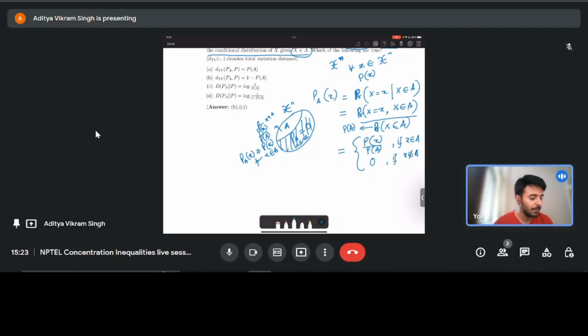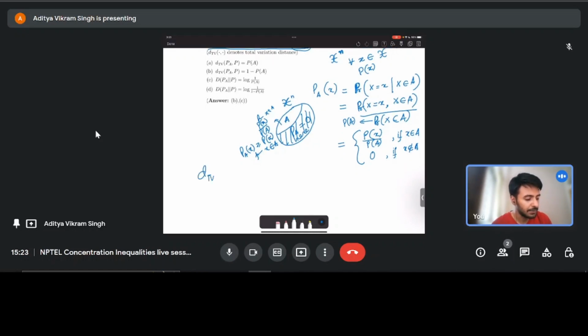So what we want to compute first is the total variation distance between PA and P. This should be clear from the lectures: there are many ways of computing total variation distance, but one of them is to sum over all x in X^n, since both are probability distributions on X^n, such that PA of x is greater than or equal to P of x, of PA of x minus P of x.